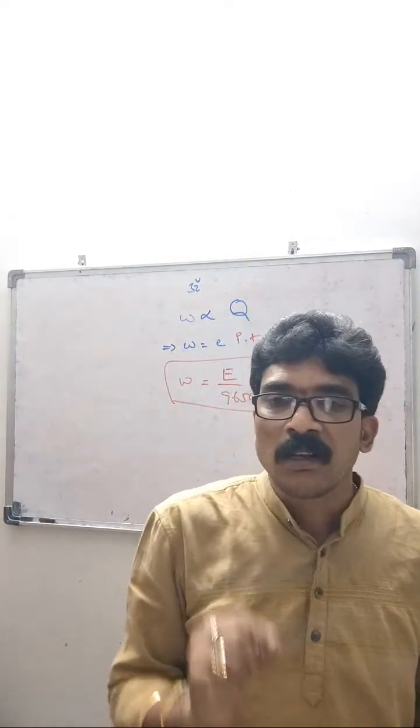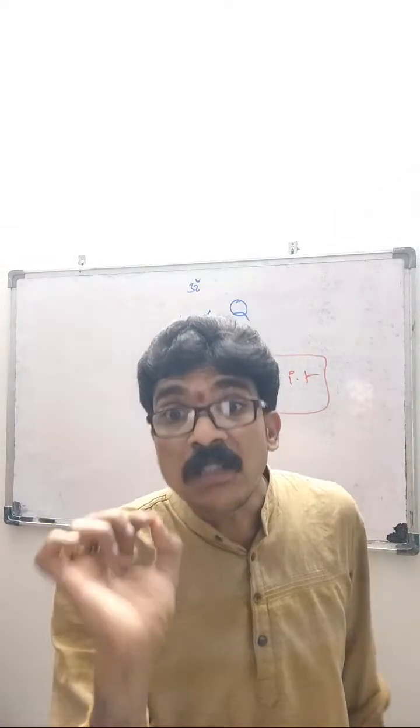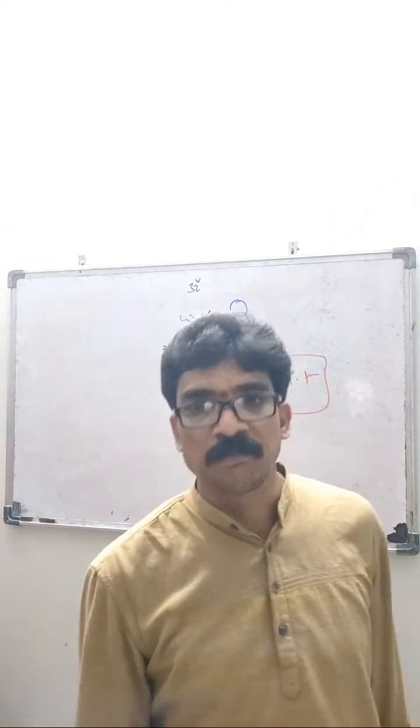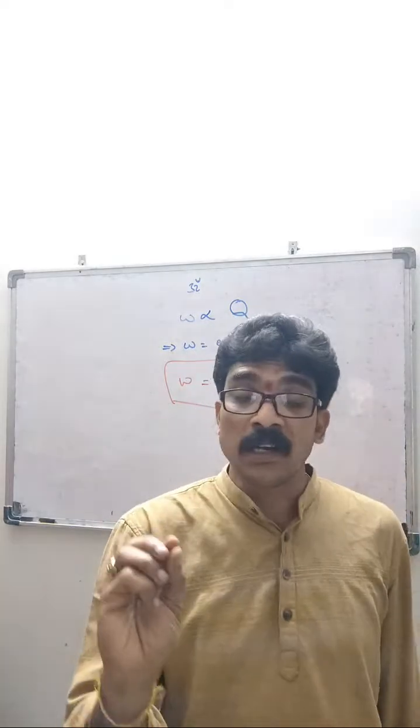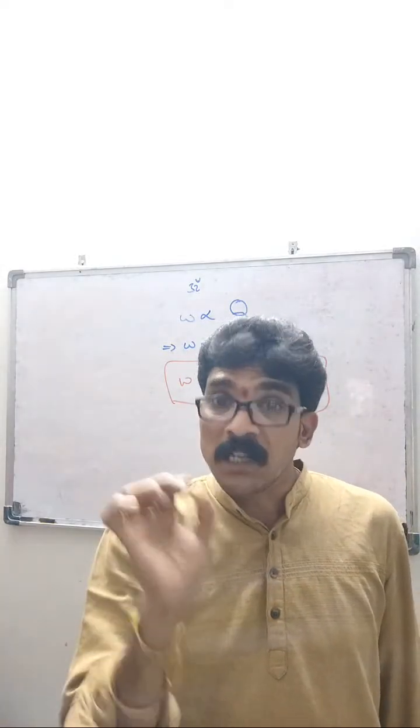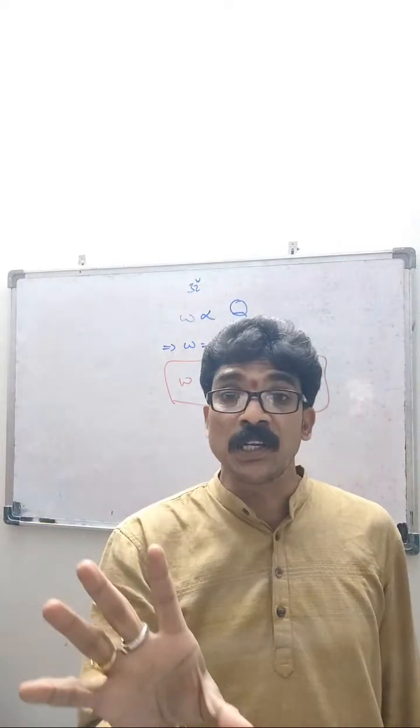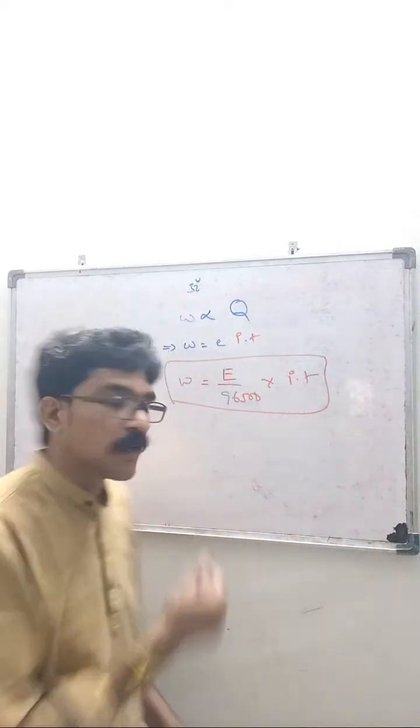That is why the efficiency of the current is given in this problem. Yes, I passed 2 farad electricity through the copper sulfate, but only 80% is efficient. So therefore, I will change the formula.